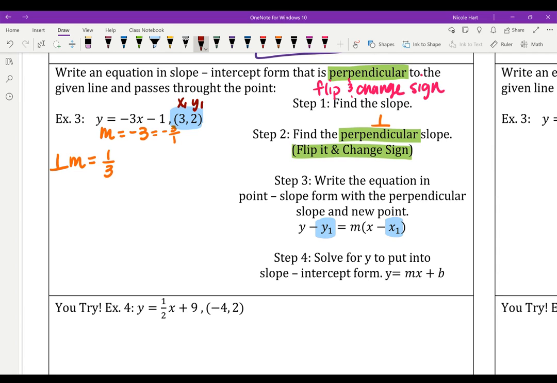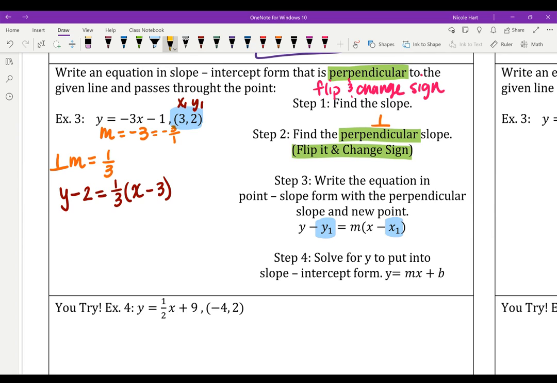And so when we write this out, we have y minus y1, which is 2, equals m, which is 1/3, parentheses, x minus x1, which is 3. We use slope-intercept form, point slope form, and standard form in Algebra 1. So please be very careful in reading your questions about which type of form you are putting your equation into.